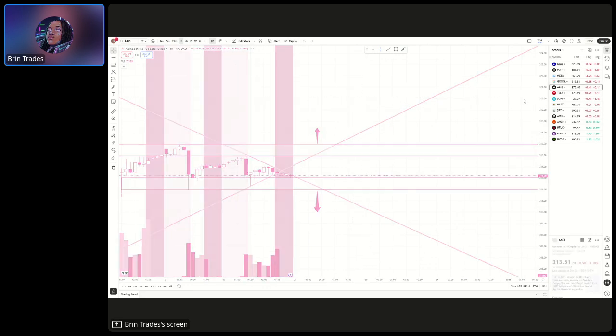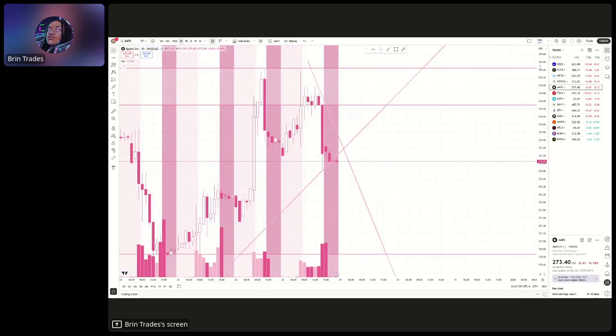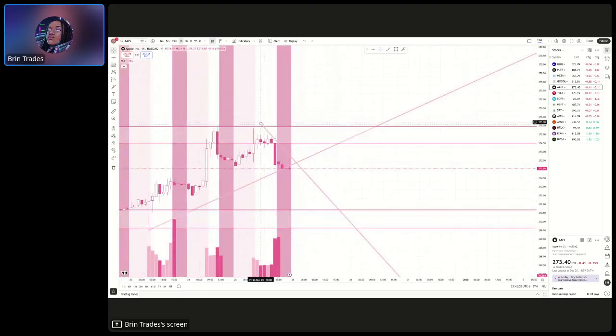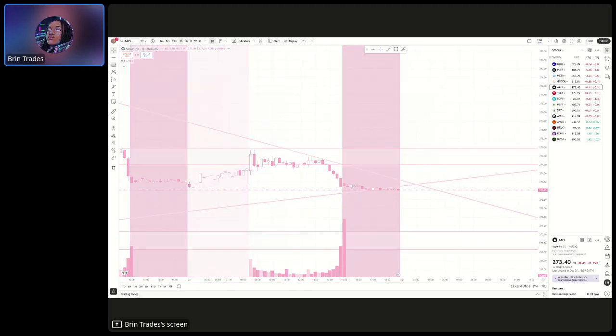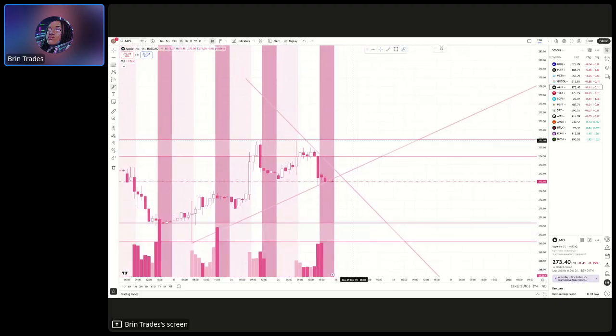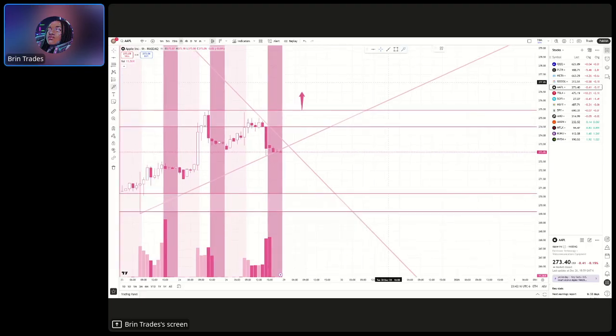Okay, and for Apple, same thing for Apple. Oh, why is it like this? Oh, okay. So on the hourly, we're going to have calls above this zone and look for puts below this zone.